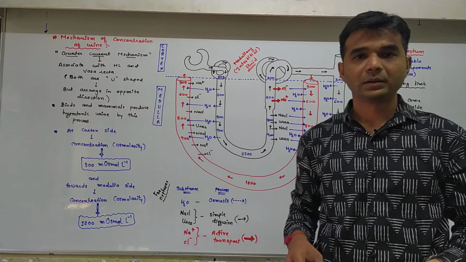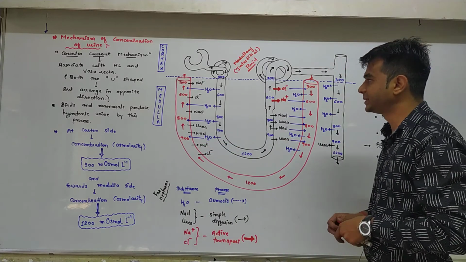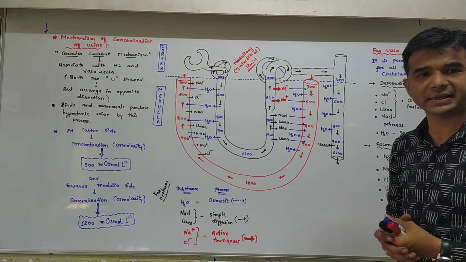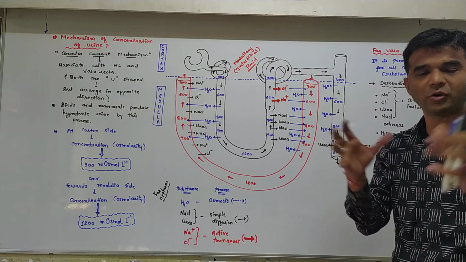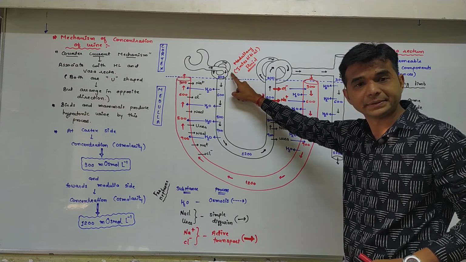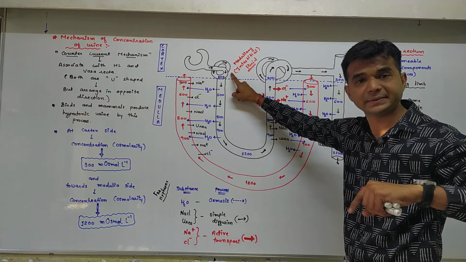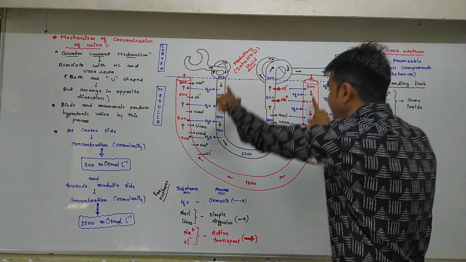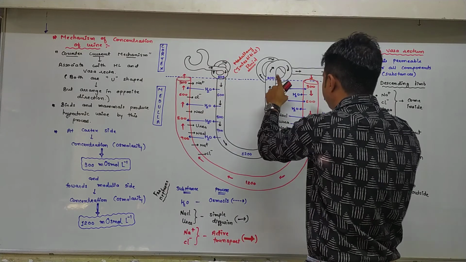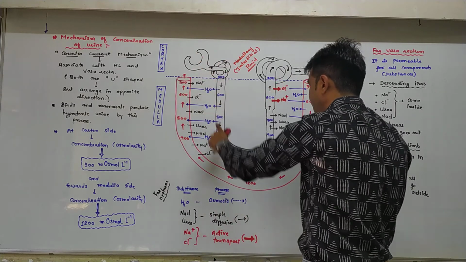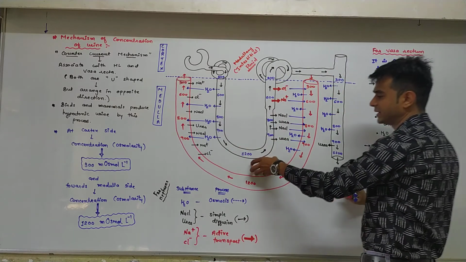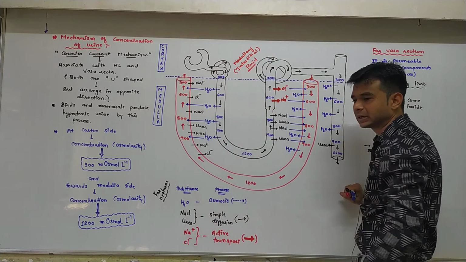Okay, just a little bit I can revise it. You know that in the Bowman's capsule, ultrafiltration is there. Function of the PCT, selective reabsorption is there. And in this way, filtrate and blood move. Fine. The function of the loop of Henle as well as vasa recta is to make concentrated urine.